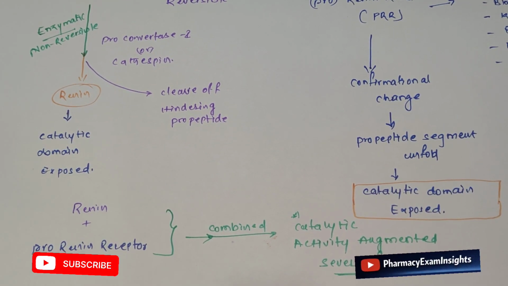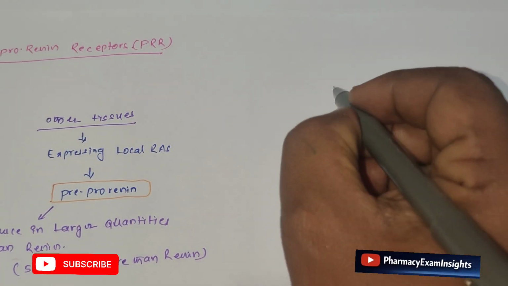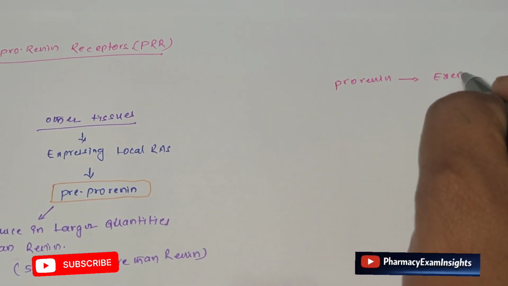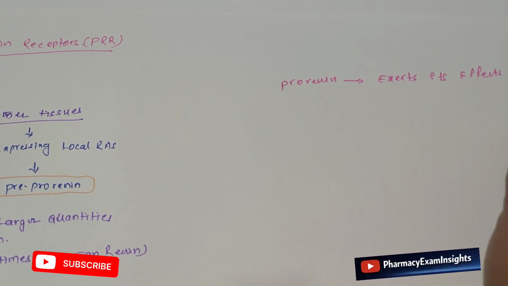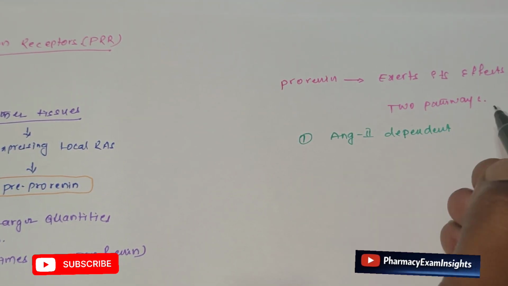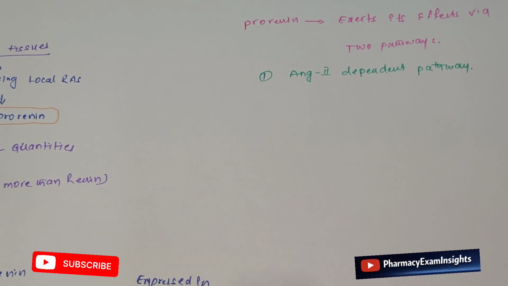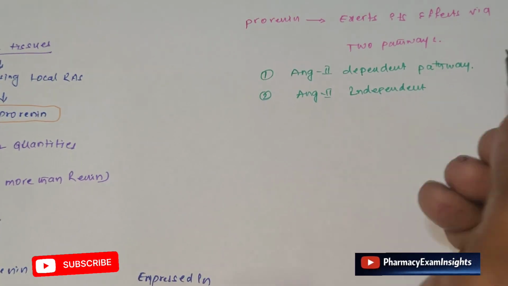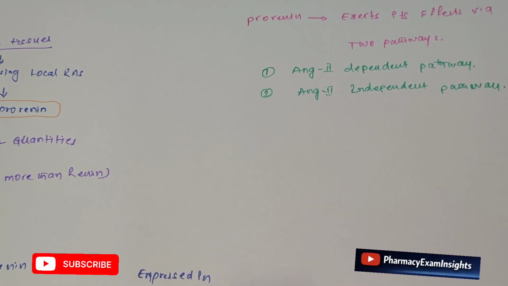This prorenin exerts its effects via two pathways. One is angiotensin 2 dependent pathway and second one is angiotensin 2 independent pathway. Coming to the first one, angiotensin 2 dependent pathway.